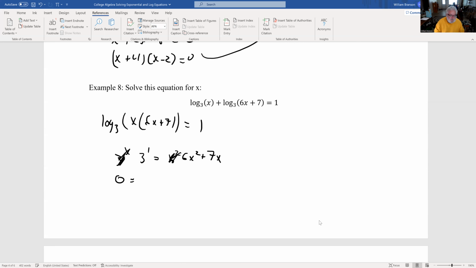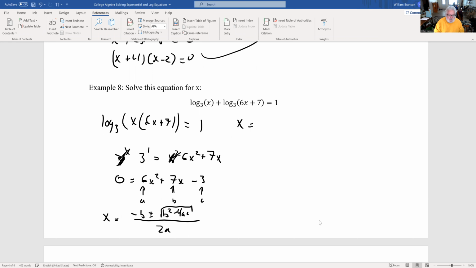Or finally, 0 equals 6x squared plus 7x minus 3. Remember our quadratic formula, there's A, there's B, there's C. X equals negative B plus or minus the square root of B squared minus 4ac, all over 2a.